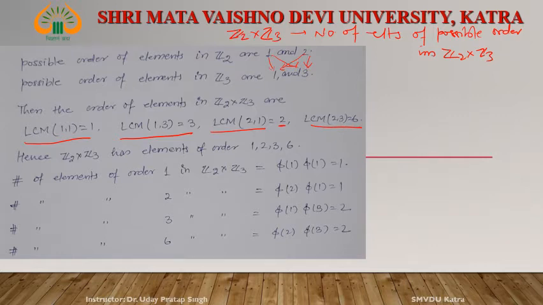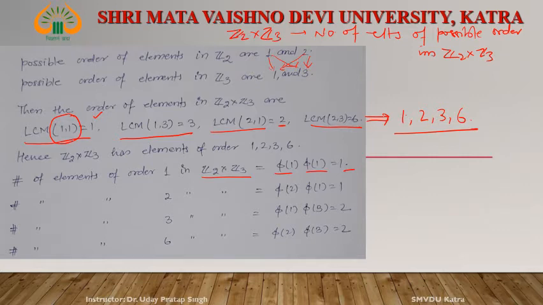Right? Then the possible orders are 1, 2, 3 and 6. See, the number of elements of order 1 in Z2 cross Z3 is given by, what is the LCM? LCM is 1 of 1 and 1. Then phi(1) and phi(1). This is 1.